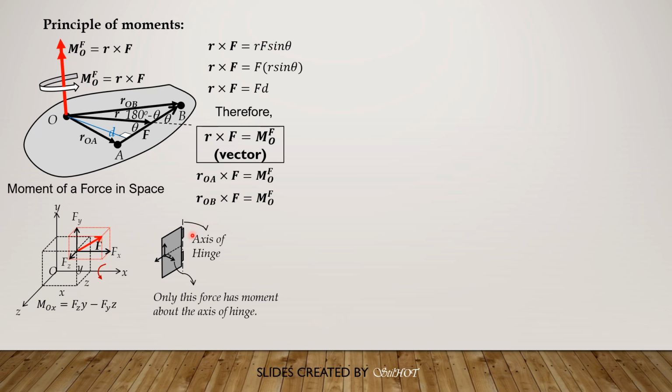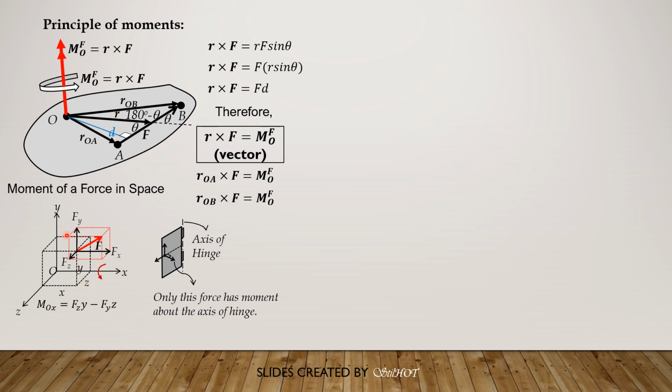So by this definition, the moment about OX by the scalar approach and using the right thumb rule, so this is the positive sense, is equal to Fz is positive because it is the same sense as this, times y, then Fy is negative, so minus Fy times moment arm Z.